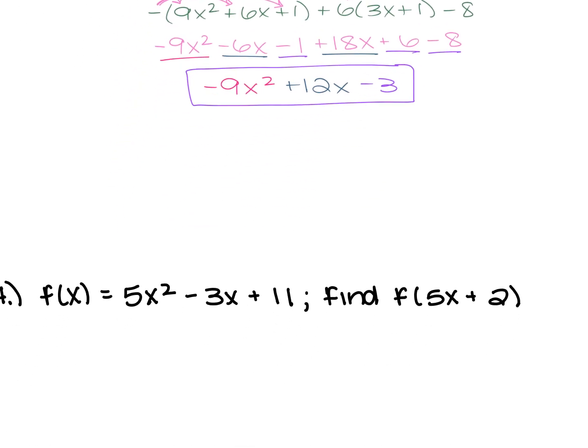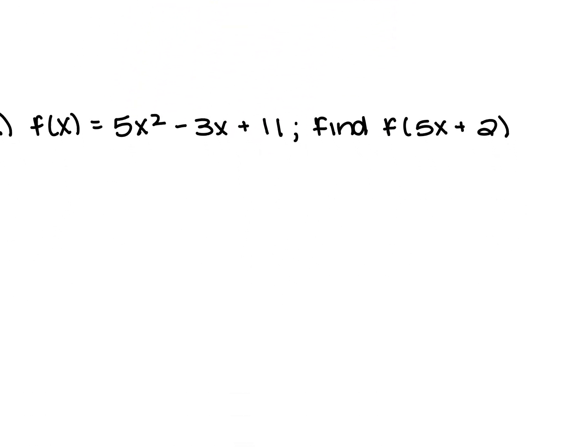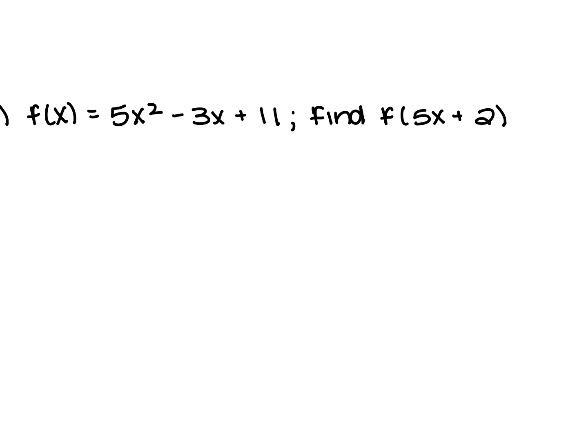For our last question, you have f of x is equal to 5x squared minus 3x plus 11. You're finding f of 5x plus 2. So we're going to do f of 5x plus 2 is equal to 5 times 5x plus 2 squared minus 3 times 5x plus 2 plus 11. Again, you have a binomial squared, so I'm going to separate that and FOIL it.